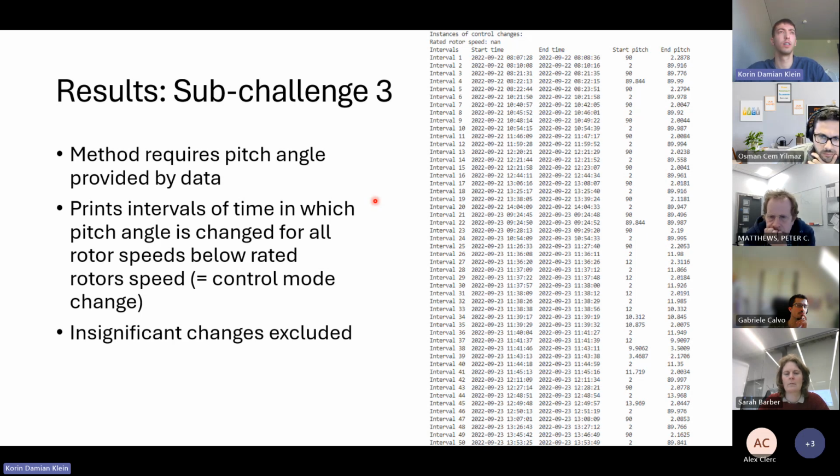But my thinking was that for the controller we're considering, the control mode is constant as long as the pitch angle is not changed when our rotor speed is below the rated rotor speed. So in my case, I assumed a change in the control mode when the pitch angle was changed, as long as the rotor speed was below rated speed, if that makes sense.